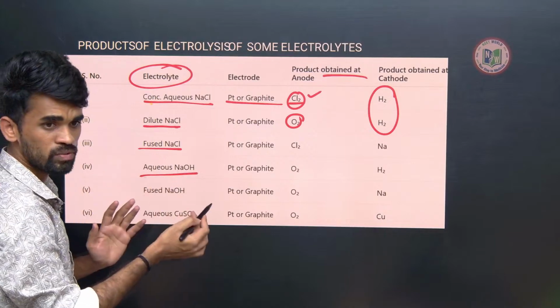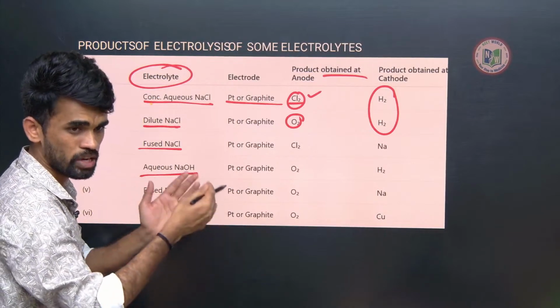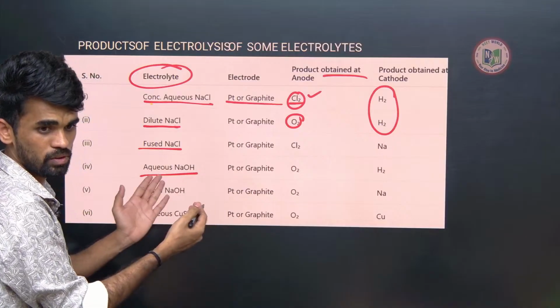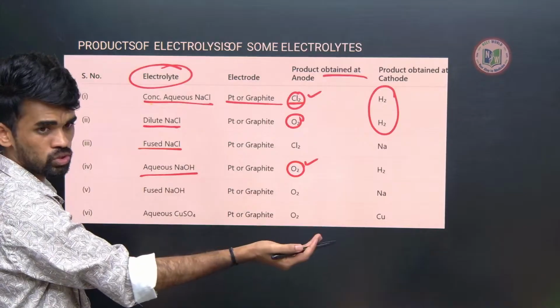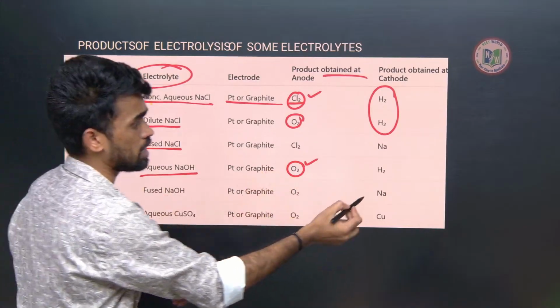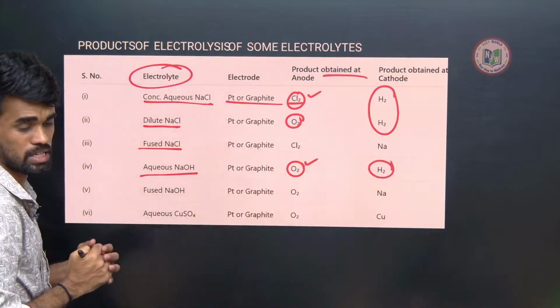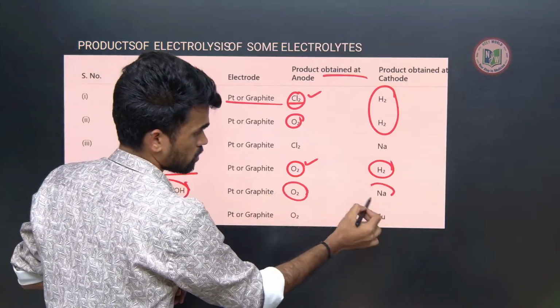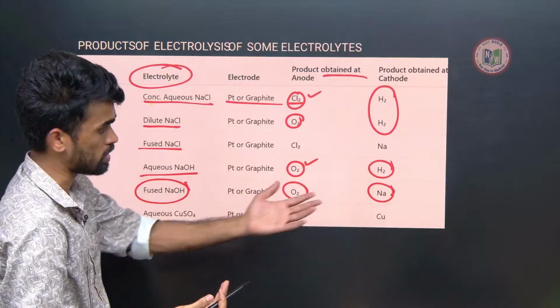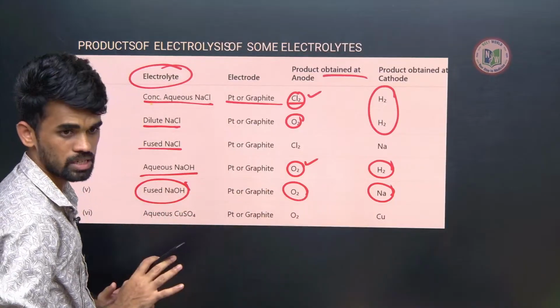See, at anode we have OH minus, both cases, OH from water, OH from NaOH, so O2 gas will be released, no confusion there. So at cathode, reduction, definitely hydrogen reduction only takes place, H plus converts into H2. Fused means there is no other cation other than sodium, that must deposit there.